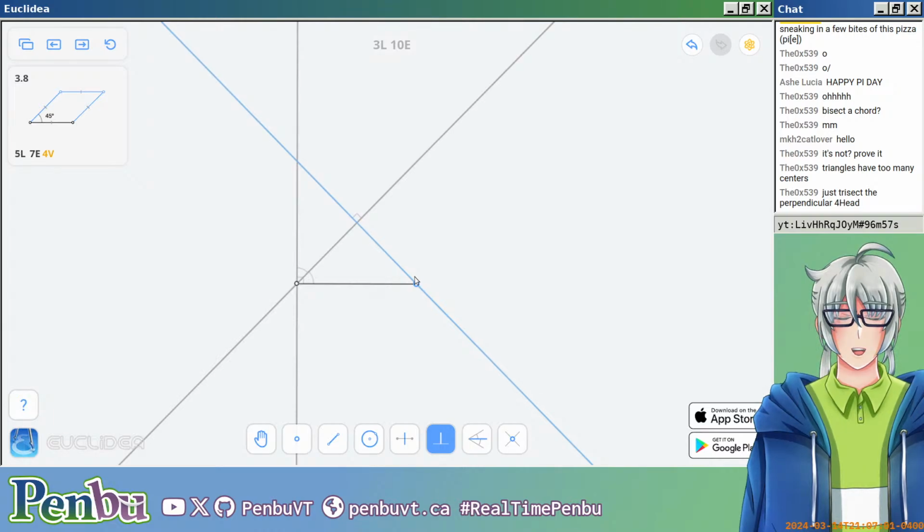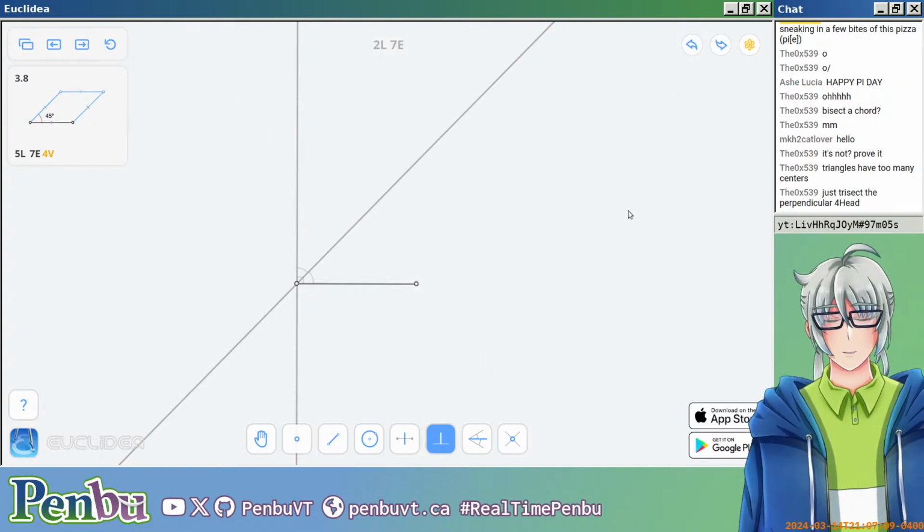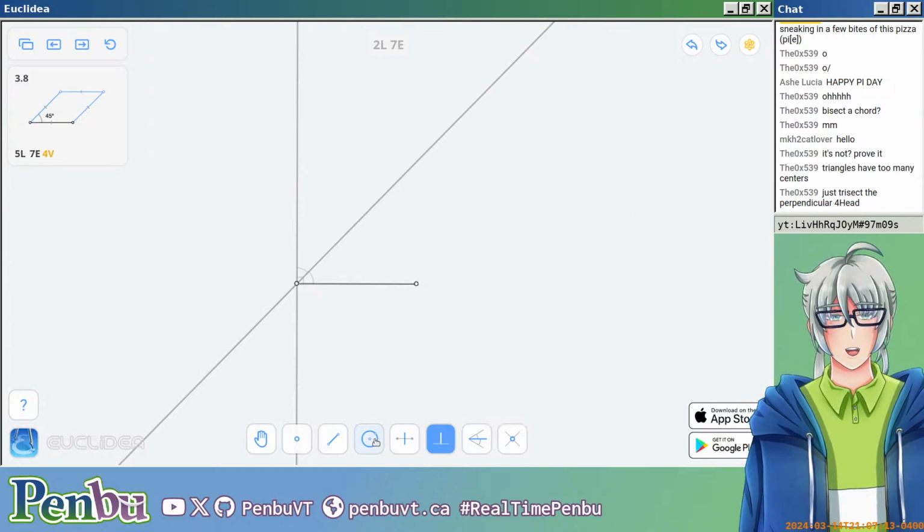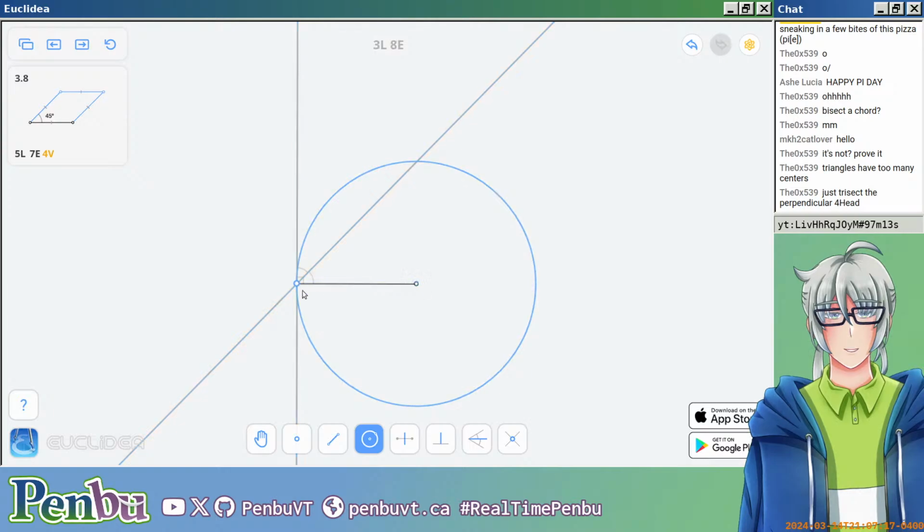But I don't think that helps. Actually kind of... No, it doesn't. It doesn't help. But at some point we learned how to double an angle. And now I don't remember how we did that.